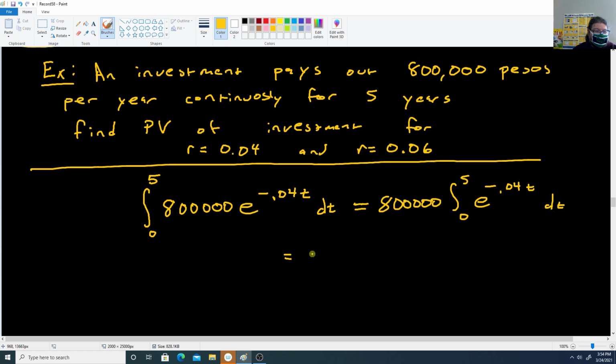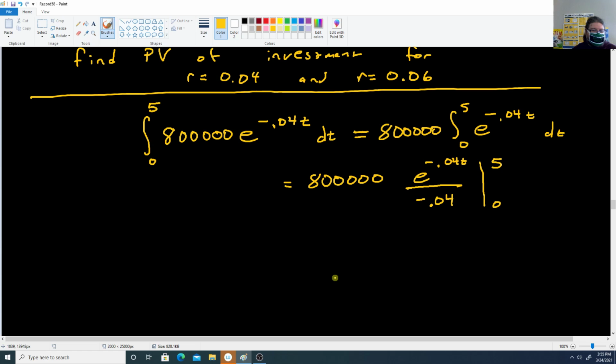So this will equal 800,000 up front. When you go to integrate, e is its own derivative, so we have e to the negative 0.04 t. But if we took the derivative of this part, the chain rule would kick out an extra negative 0.04, so we need to divide by 0.04. And this will be the antiderivative. So we want that expression evaluated from 0 up to 5.